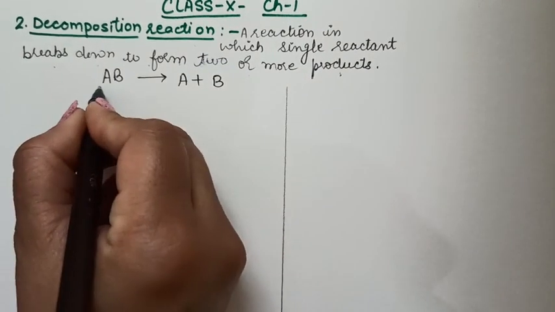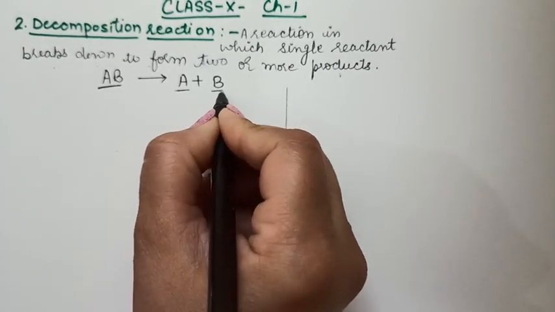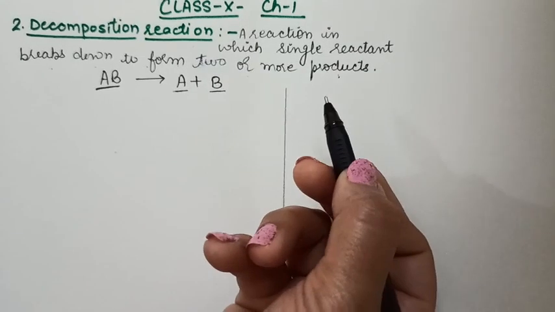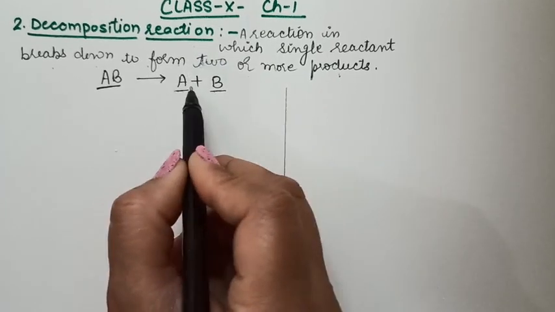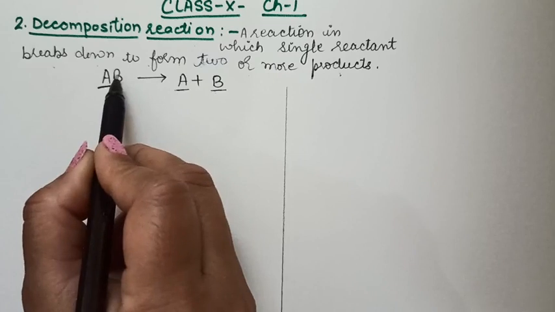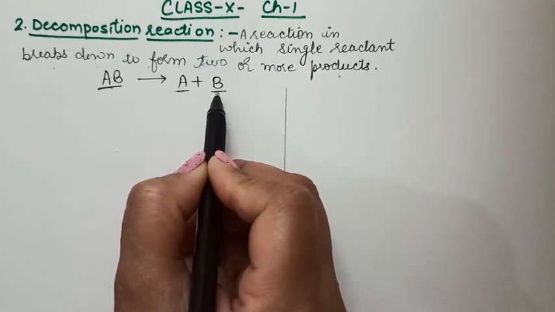This is the opposite of the combination reaction. In a combination reaction, two or more compounds combine together to form a single product. Here, the single reactant breaks down to form two or more products.